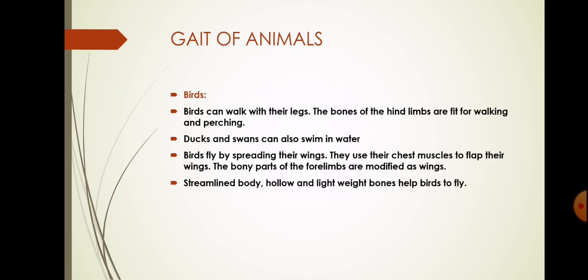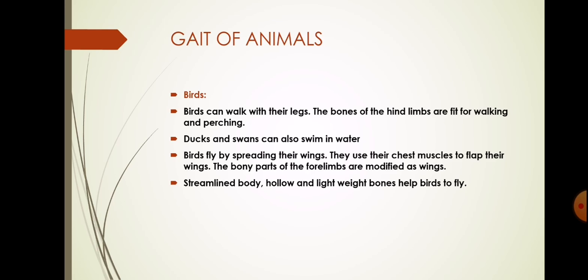Because of these wings and streamlined body, birds are able to fly. In the same way, the birds have hollow bones, light in weight, and because of these lightweight bones the birds can fly in the air.